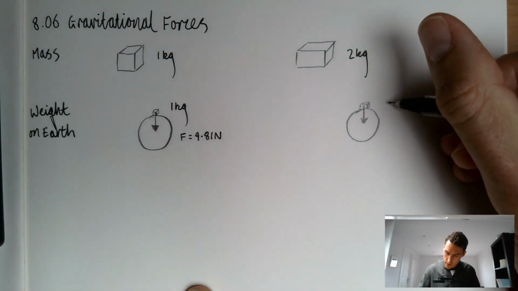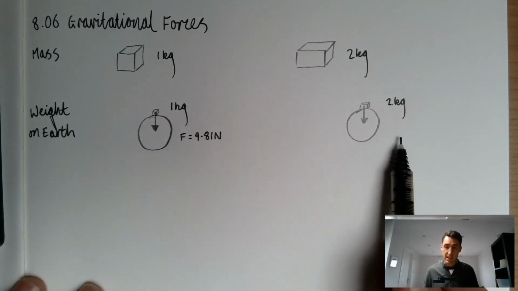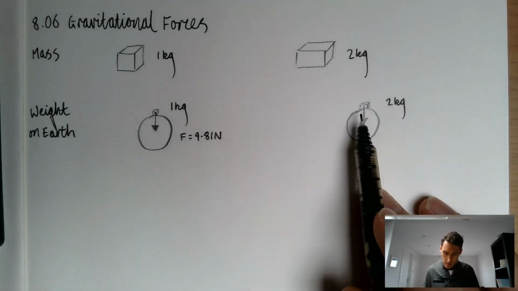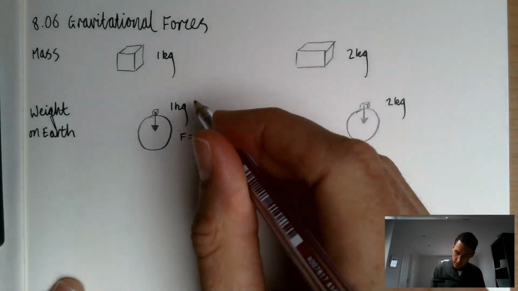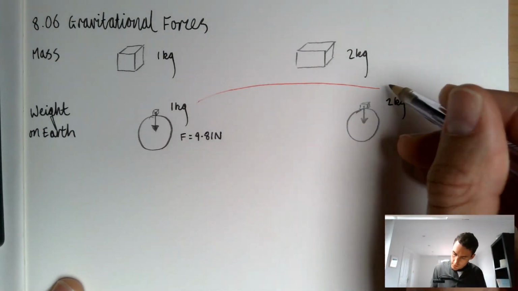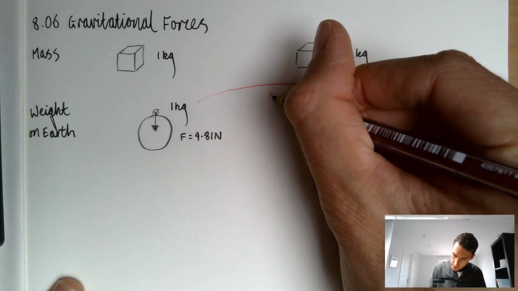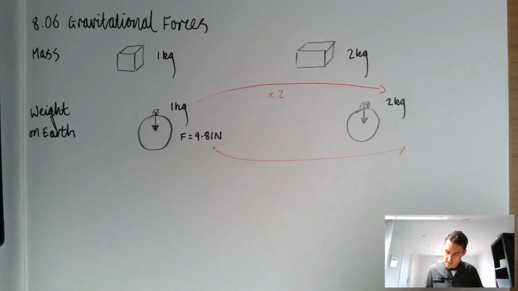So I'm going to say, well, this is 2 kilograms. But now the force acting here is not 9.81 anymore because I've doubled the mass. But the Earth is the same, it's the same Earth that we're talking about. So I've doubled the mass times 2, and the Earth is exactly the same, so the amount of gravity is exactly the same.